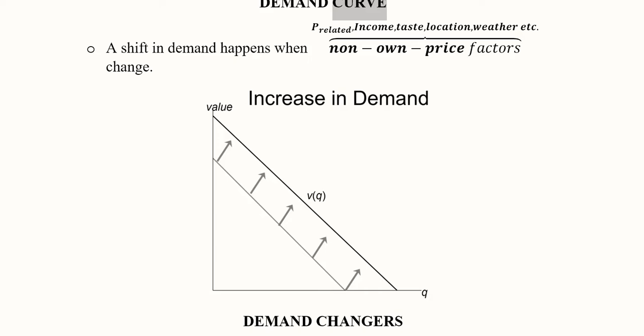And when we see that there is another demand curve that has the same slope, parallel to the original demand curve, we can see that it's a kind of shift, because the same slope has been shifted to another higher level.